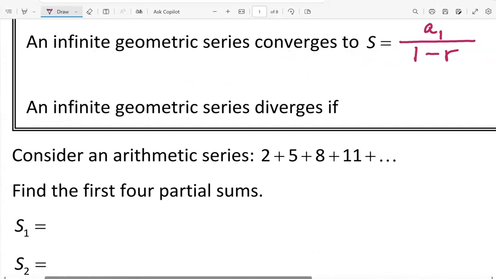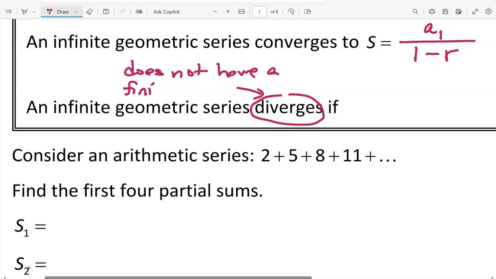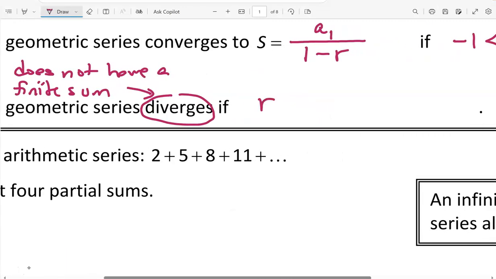A geometric series diverges, which means it does not have a finite sum, if the ratio is either smaller than or equal to -1 or greater than or equal to +1. In other words, not between -1 and +1.